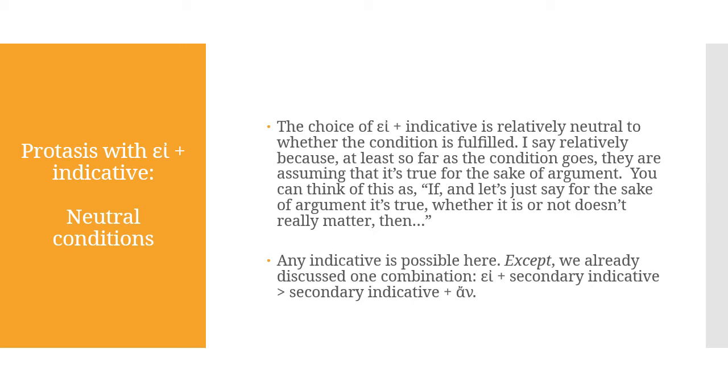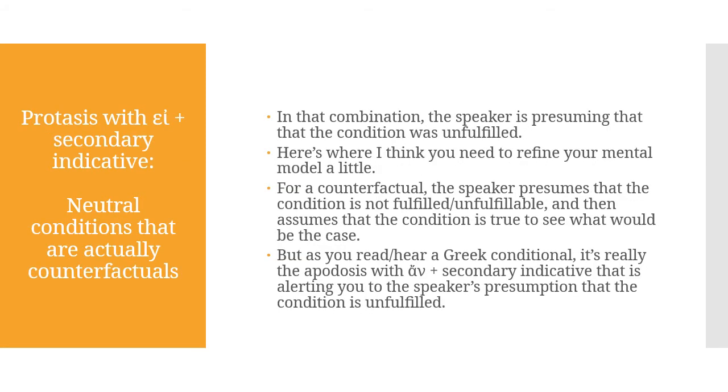Any indicative is possible here, except you'll remember we already discussed one combination, the ei with a secondary indicative and then a secondary indicative with an. So let's go back to that for a second. This is really important. A protasis with ei and the secondary indicative: these are neutral conditions that are actually counterfactuals. In that combination, the speaker is presuming that the condition was unfulfilled.